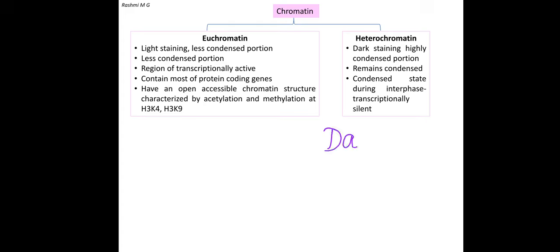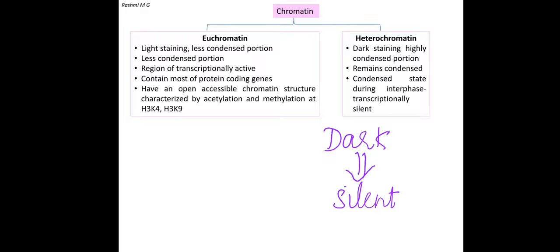Heterochromatin is dark, therefore they are transcriptionally silent. They remain condensed. But in heterochromatin, there are two subtypes, that is constitutive and facultative.